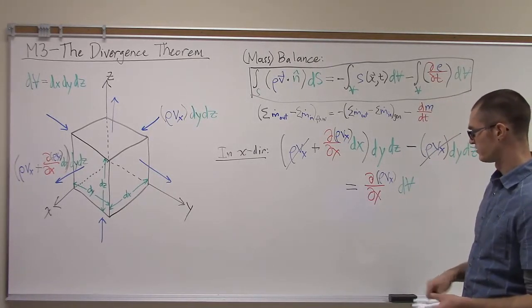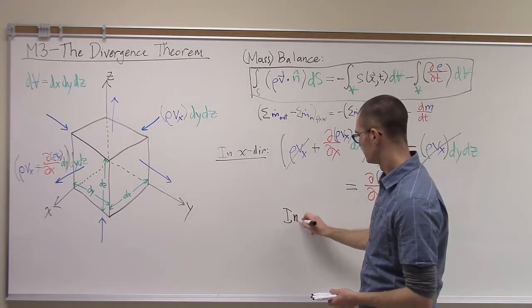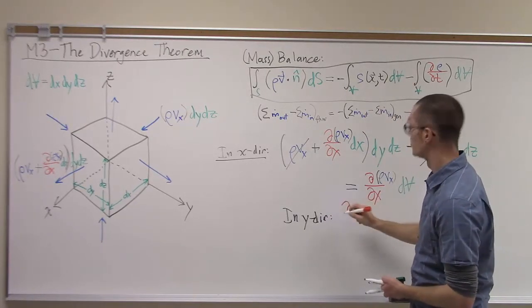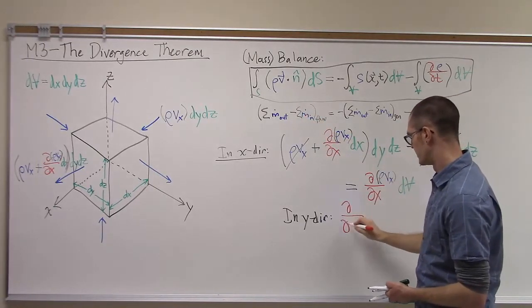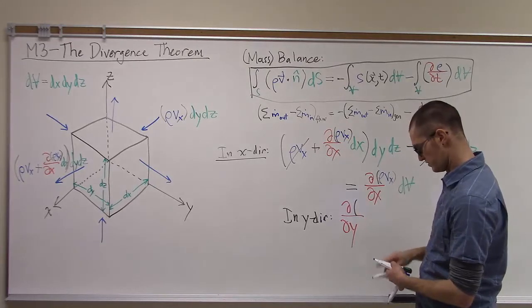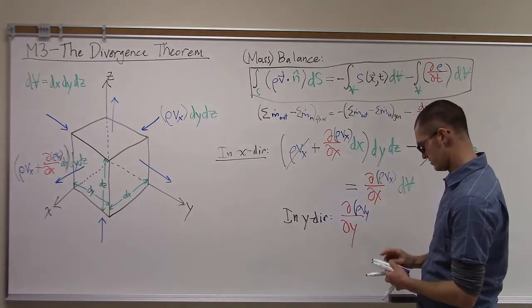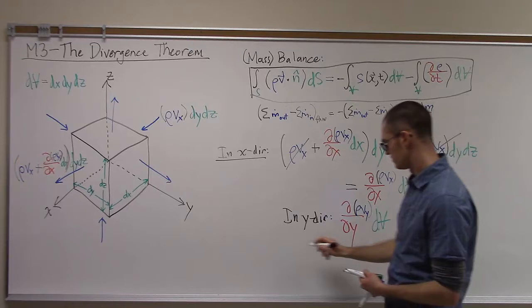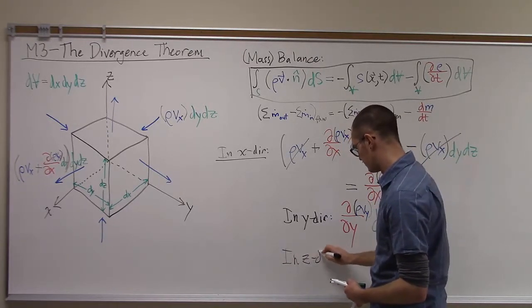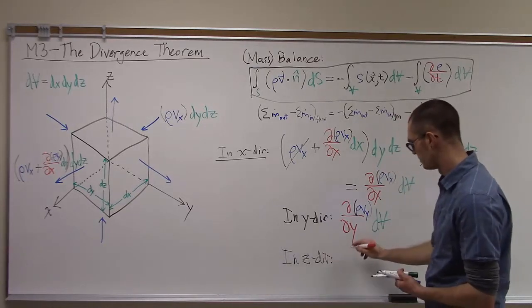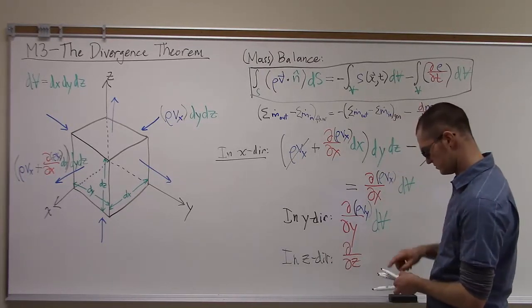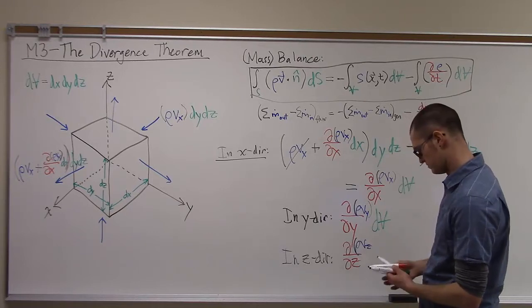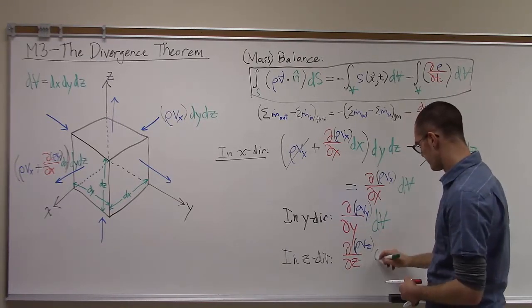So in the y direction, we'll have the component of this sum here will be d by dy of rho vy dv, and in the z direction we're going to have d by dz of rho vz times dv.